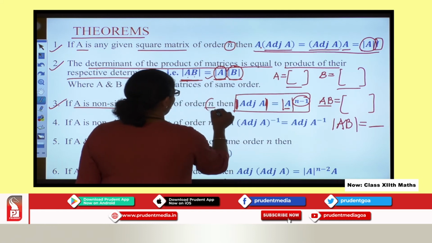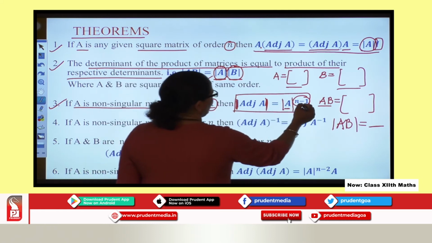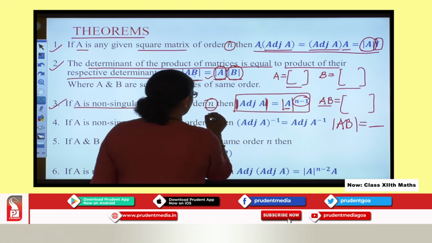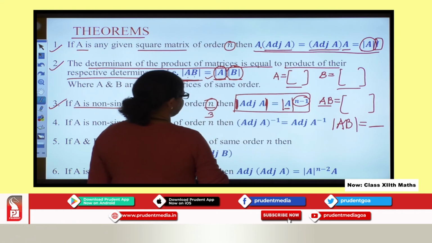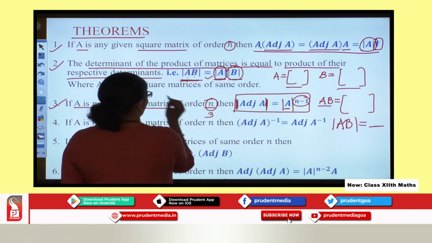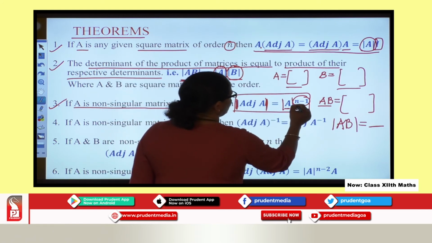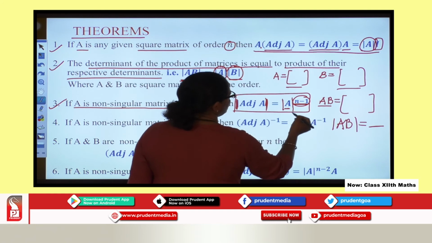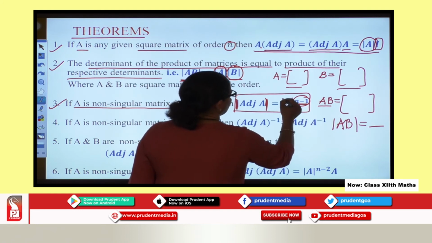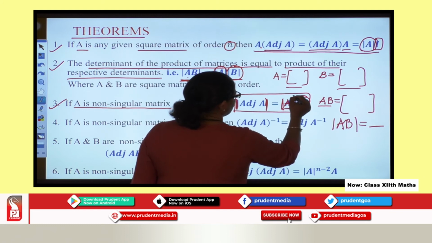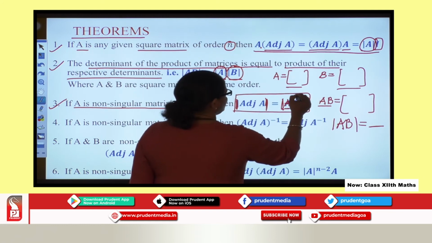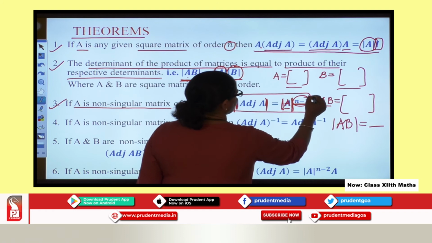Now here see the order is n, right? So the power will be n minus 1. Suppose the order is 3. So if you consider a non-singular matrix of order 3, what will be the index over here? It will be the determinant of the given matrix raised to 3 minus 1, that is 2.